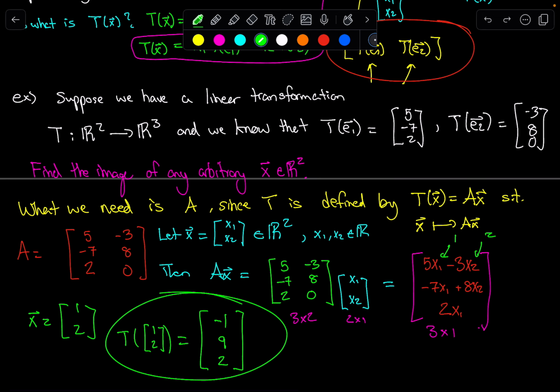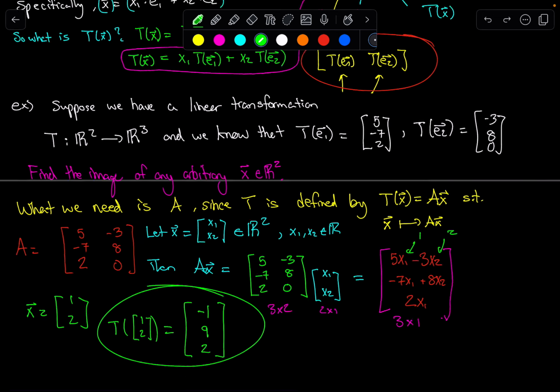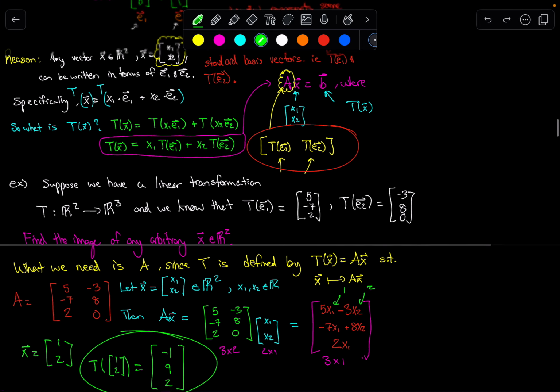Can you still figure out what those images are and then use them to construct your matrix A? More stuff to come, but for now, this is a good place to pause. So where should you be after watching this video? You should know what a linear transformation is, and have a good working knowledge of how to show that something is a linear transformation. We've seen a brief example of a shear transformation, and then we went through a sequence of figuring out how we construct this matrix A and where it comes from.